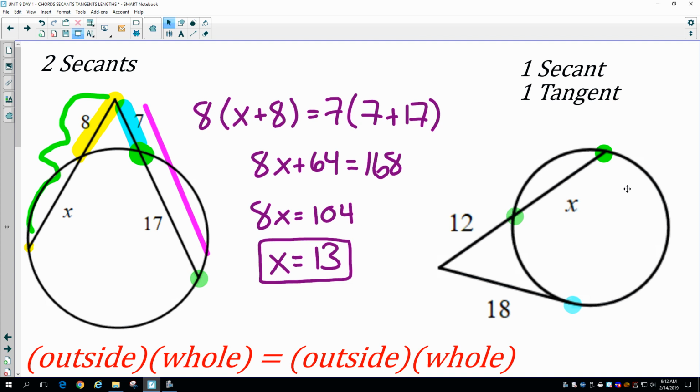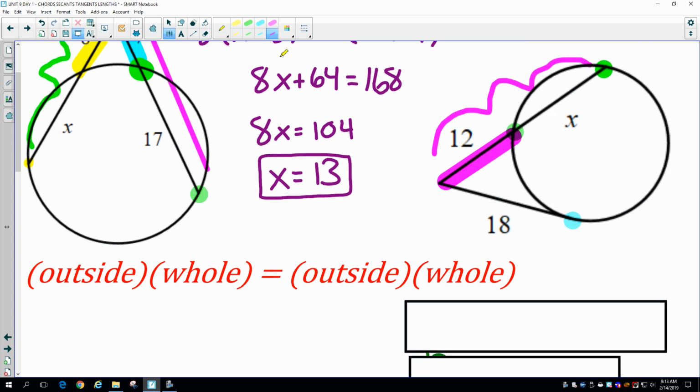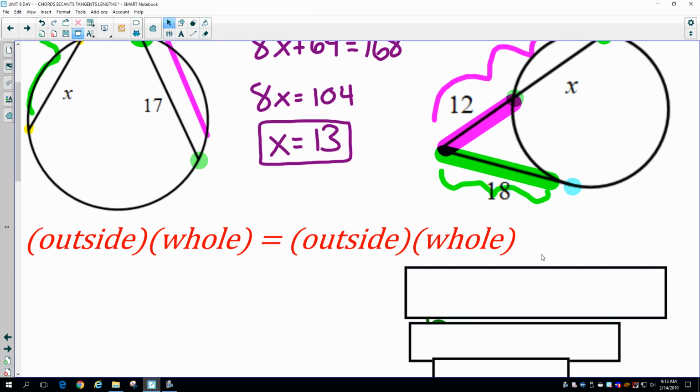I can do the same over here. My secant segment has an outside piece that is 12, and the whole thing is 12 plus X, or X plus 12. My tangent segment, the whole thing exists outside of the circle, so my outside piece is 18, and my whole piece is 18, so I end up with 18 times 18.